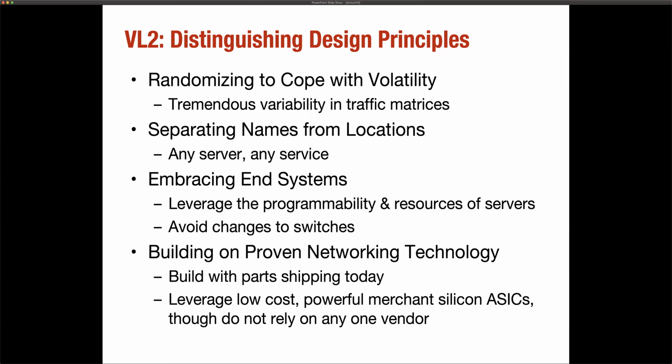The third principle is that it is embracing the end system. So it argues, which is fair as well, that the end servers that you have are already designed to do certain types of computations. They are much more programmable than the switches or the network devices that you have in there. So when you're designing these data center networks, you should be thinking about leveraging that flexible programmability that the end systems are offering.